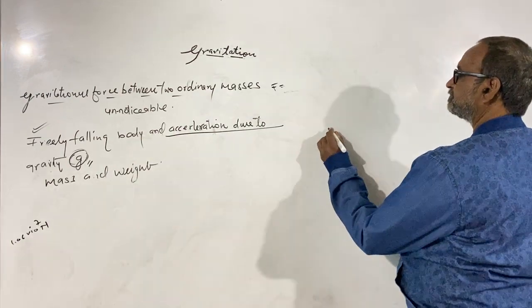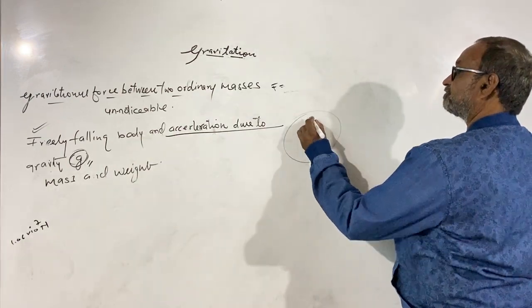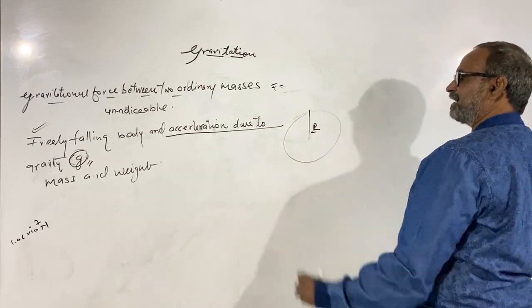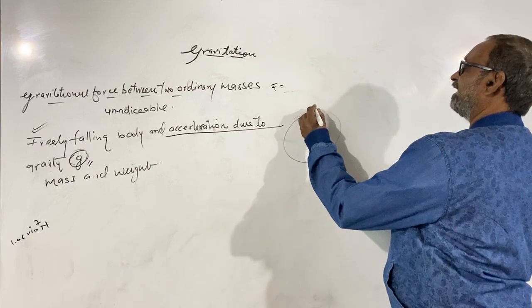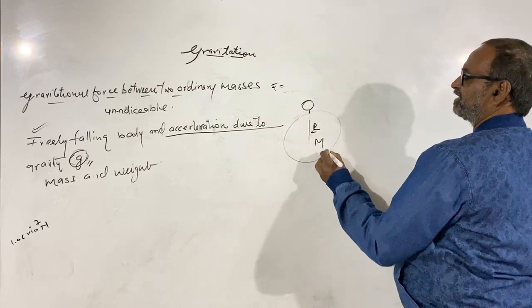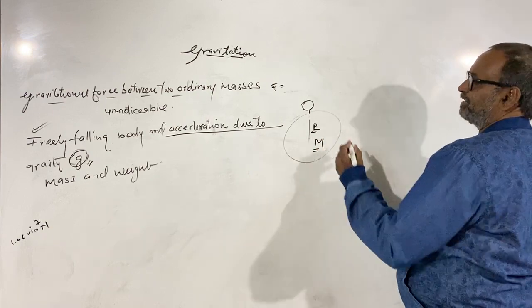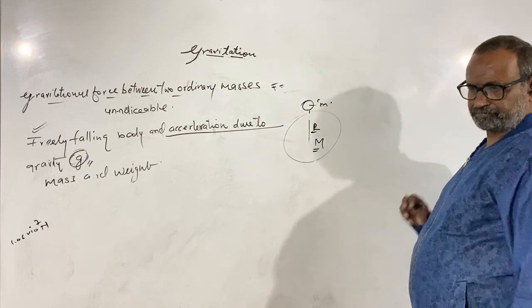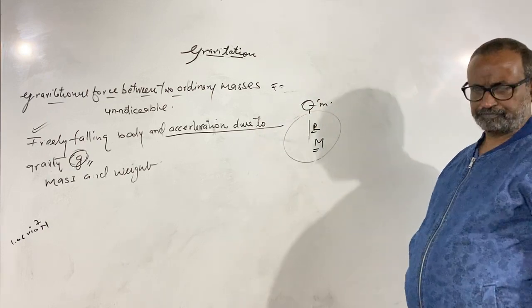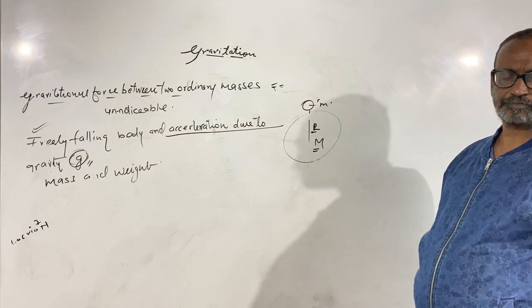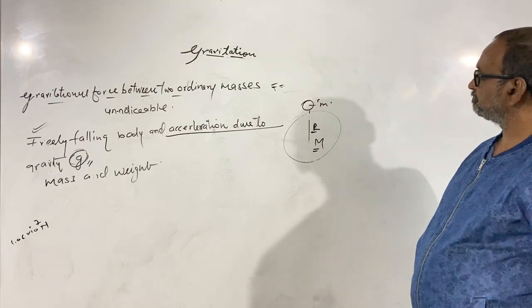Consider, this is the earth of radius R, and there is a body on the surface of the earth. The mass of the earth is uppercase M, and the mass of the body is lowercase m. Okay?